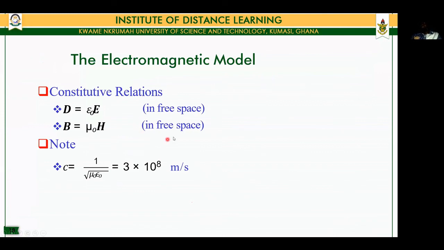But for now, we know that in the electromagnetic model, we have source quantities, which are the electric charge, or the charge density or current density. And then we also have the electric flux density, electric field intensity, magnetic flux density, and magnetic field intensity.